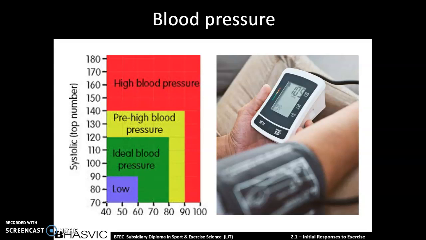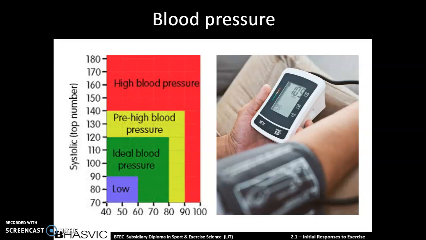If you have high blood pressure, this is called hypertension. There are 3 different stages of hypertension. If the blood pressure is too high, you are at risk of developing a number of serious long-term health conditions, for example, coronary heart disease.